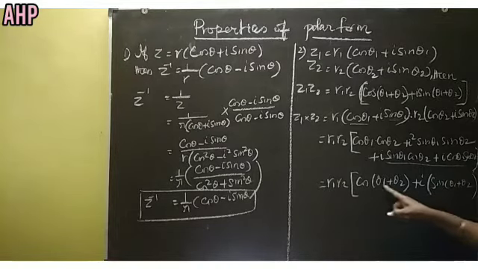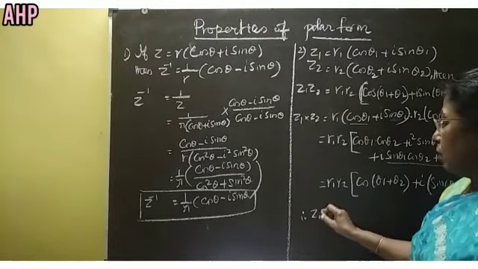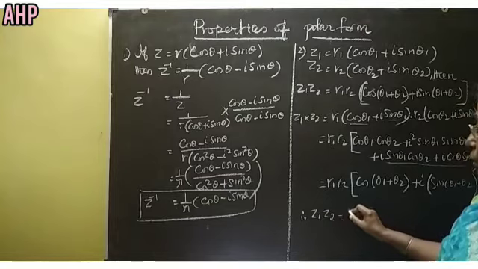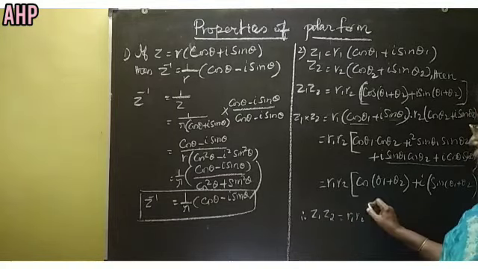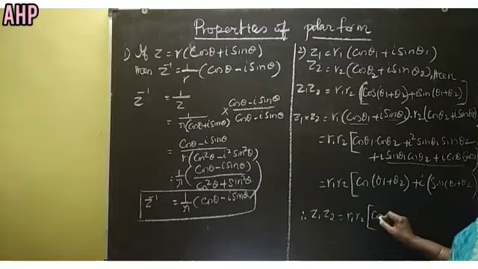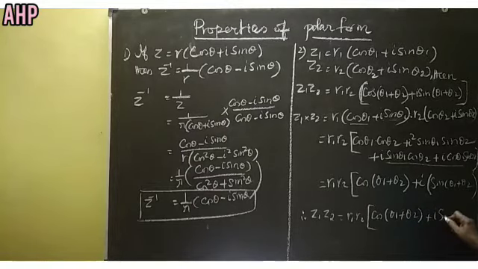So this is cos theta 1 plus theta 2 plus i sin theta 1 plus theta 2. Therefore, z1 z2 is equal to the product of the moduli r1 r2 into the sum of the arguments, cos theta 1 plus theta 2 plus i sin theta 1 plus theta 2.